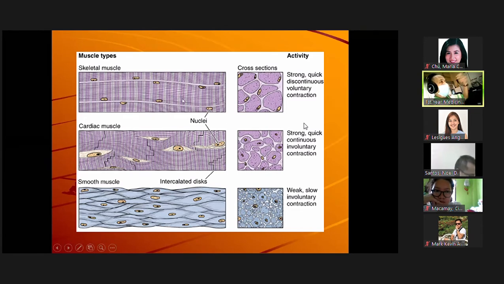But skeletal muscles, they stop bluntly. While here, the cardiac muscle is fiber also, but it is branching. Anyway, we'll go to the differentiations later.